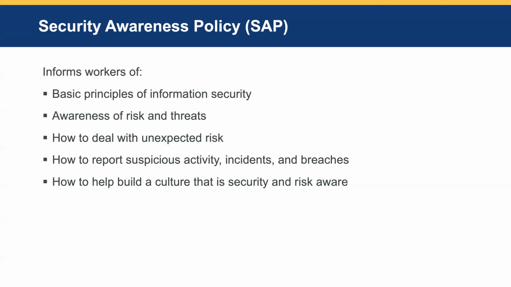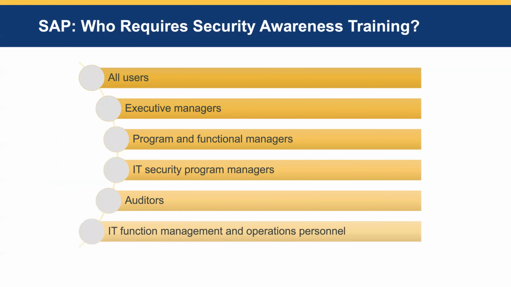And so there are various users that would be expected to take appropriate security awareness training. And so these users can consist of a number of different people. It could be all users who would need to be aware of essential security basics.